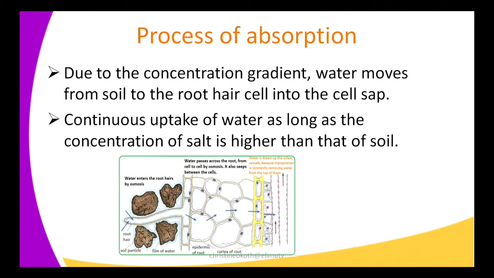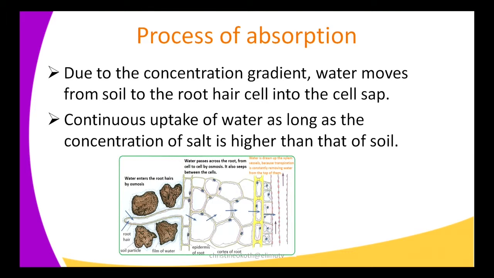So this ensures that there is a continuous uptake of water as long as the concentration of salt is higher than that of the soil. As long as there is a difference between the two concentrations, the flow of water will continue coming up.